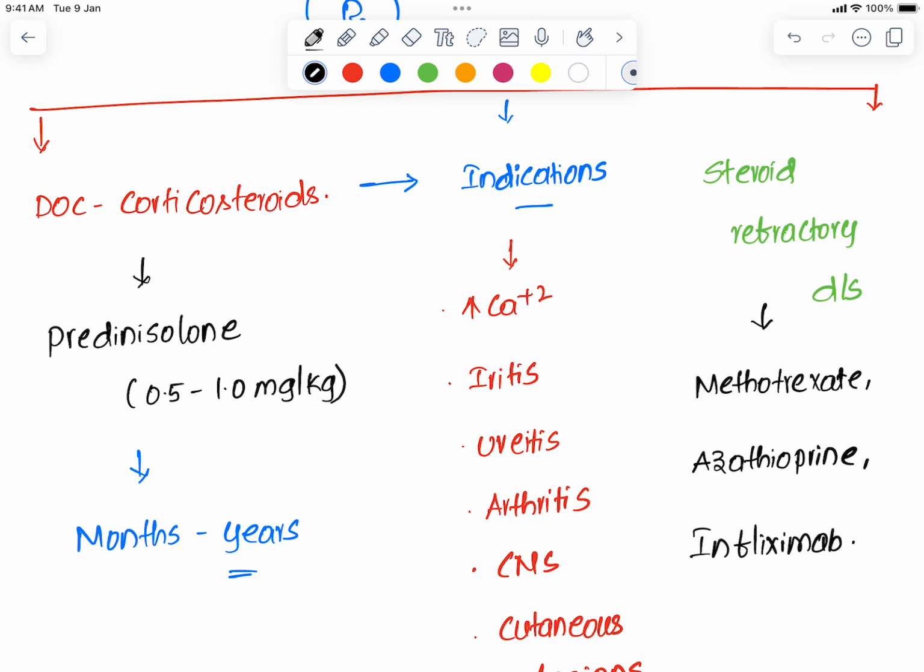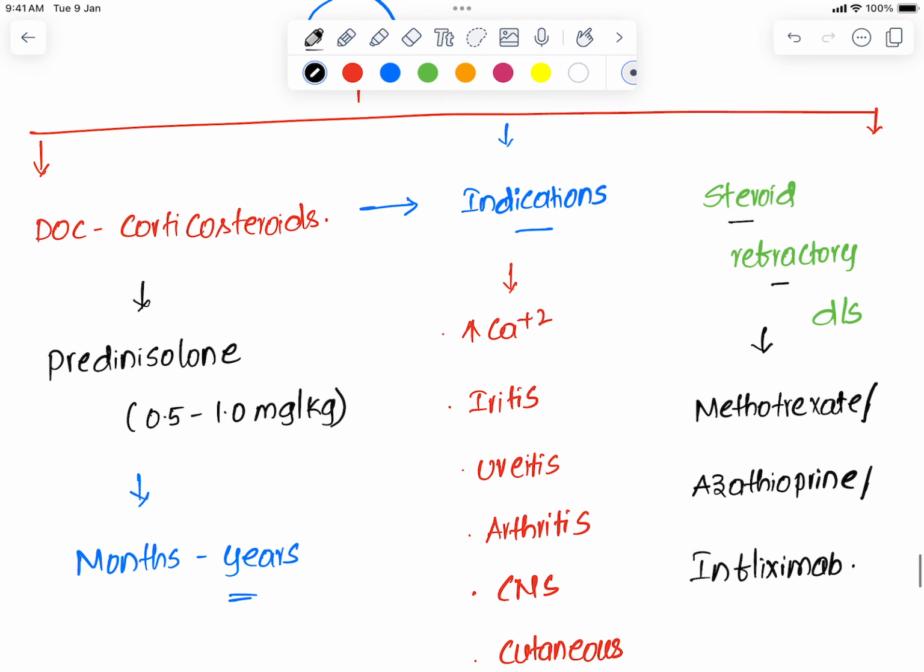So these are the drugs given in corticosteroid refractory disease. Either of these should be given in those individuals who are intolerant to corticosteroids or who have steroid refractory disease.